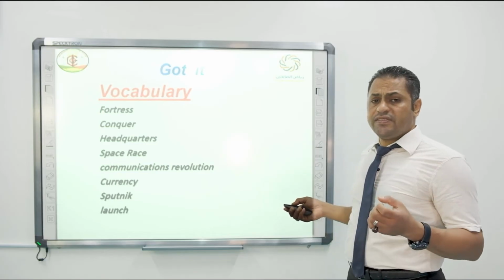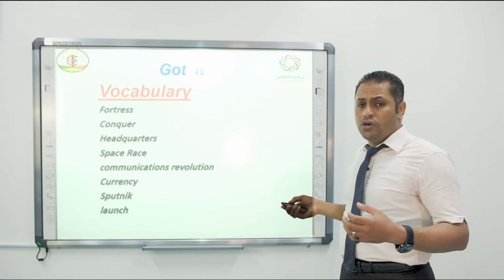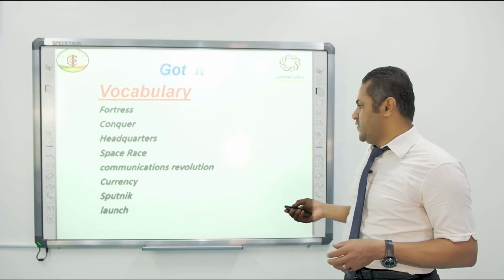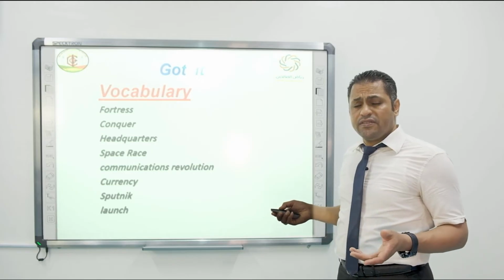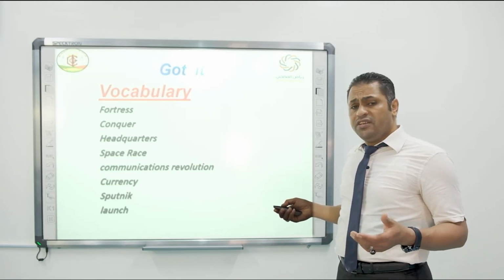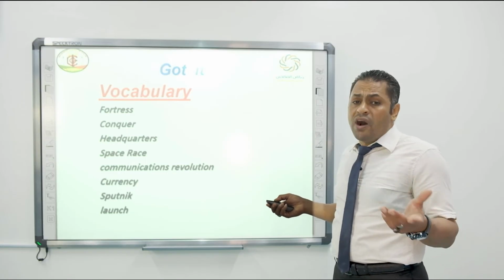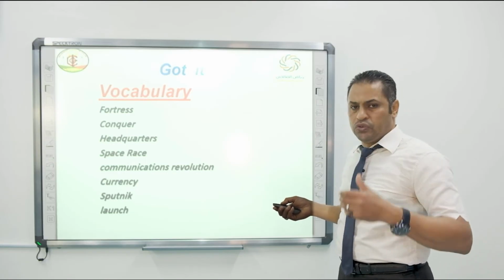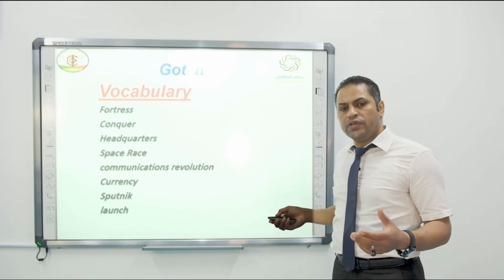Headquarters is the central place for ruling or controlling a certain place. Space race. The race between the US and the Soviet Union over who would be the first to get into space.